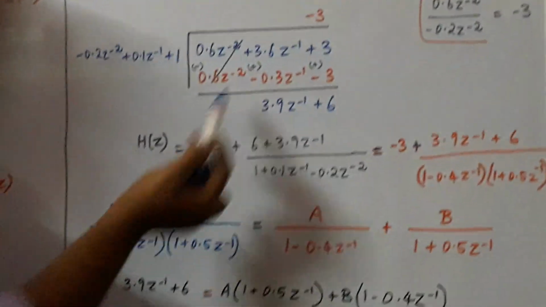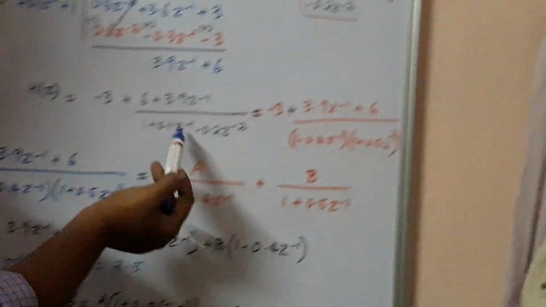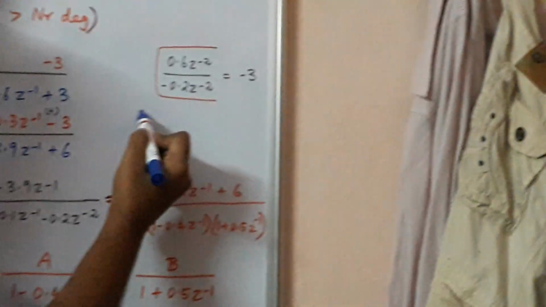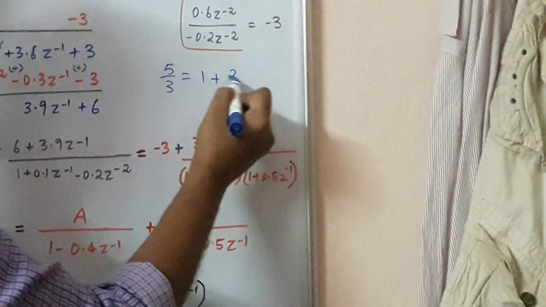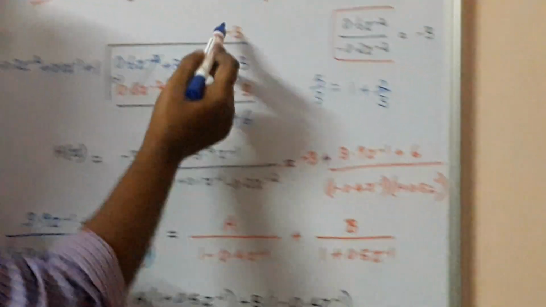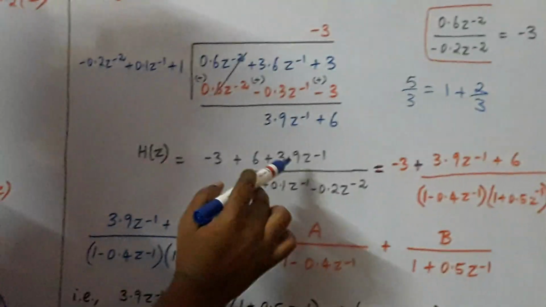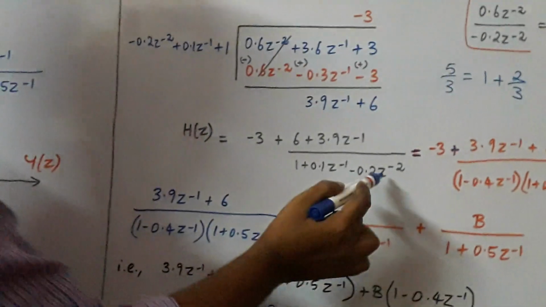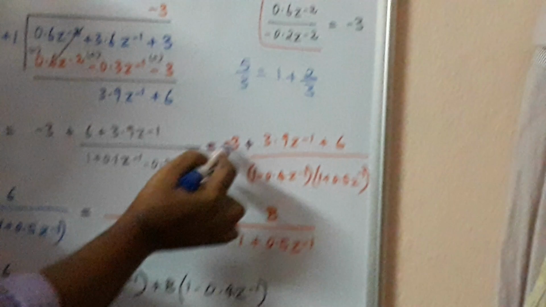H of z will be minus 3 plus the remainder over the divisor. That is 5 by 3, which we can write as 1 plus 2 by 3. That's what I've written here. Understood?